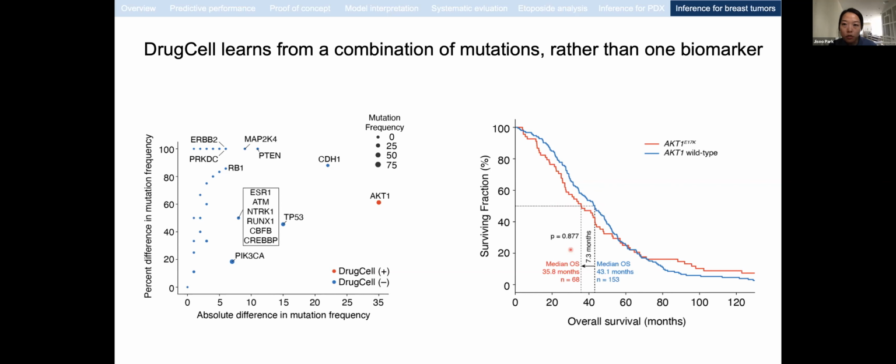This implies that DrugCell's prediction for the sensitive group is also based on the combination of mutations rather than the status of a single gene. So this analysis illustrates how the DrugCell model can be used to effectively guide clinical treatment decisions with significantly greater precision than the single gene marker studies.